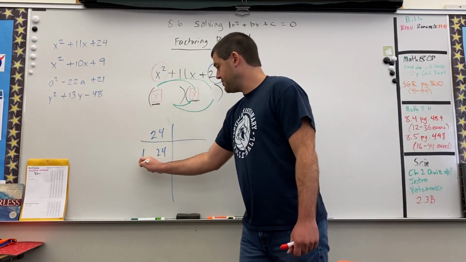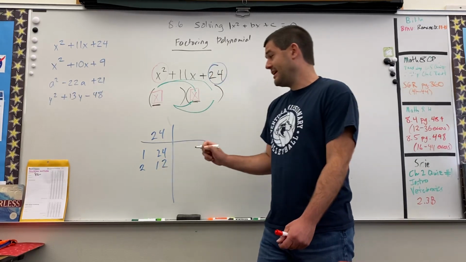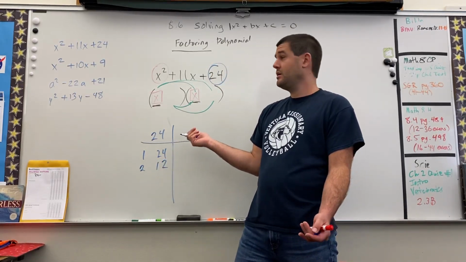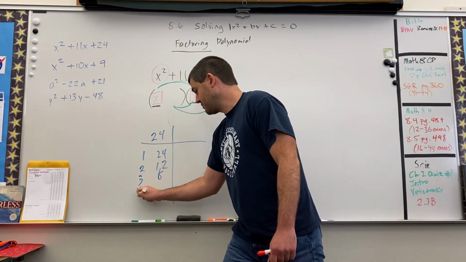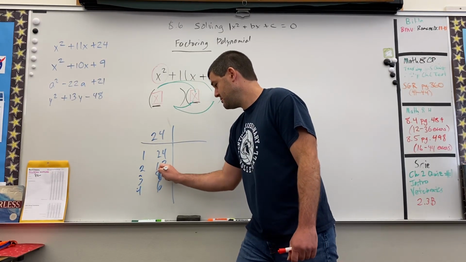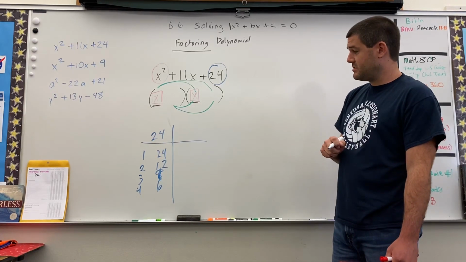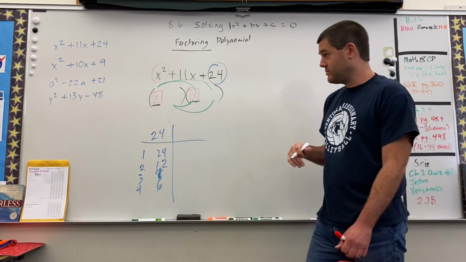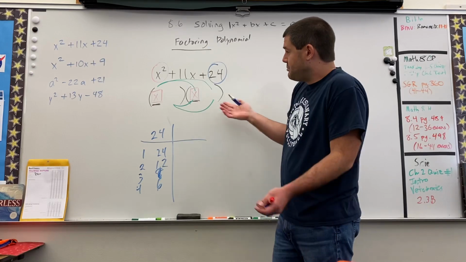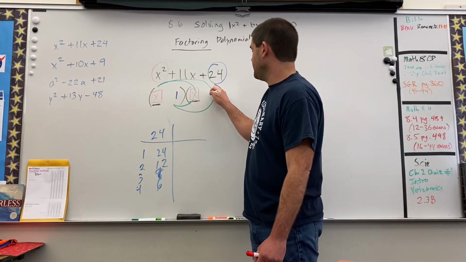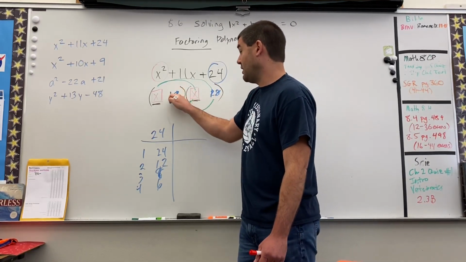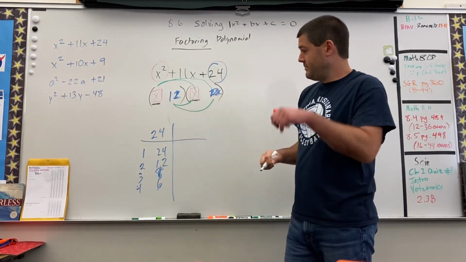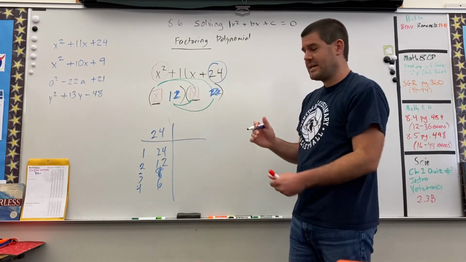I could do 2 times 12. I could do 3 times 8. I could do 4 times 6. Can I do 5 times? No, 5 doesn't go into 24. So I could put any of those combinations: 1 and 24, 2 and 12, or I could do 12 and 2. You can flip them from side to side. It doesn't matter.